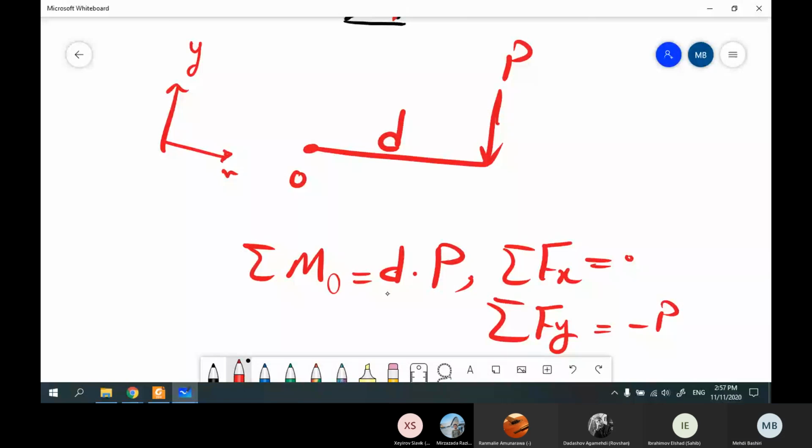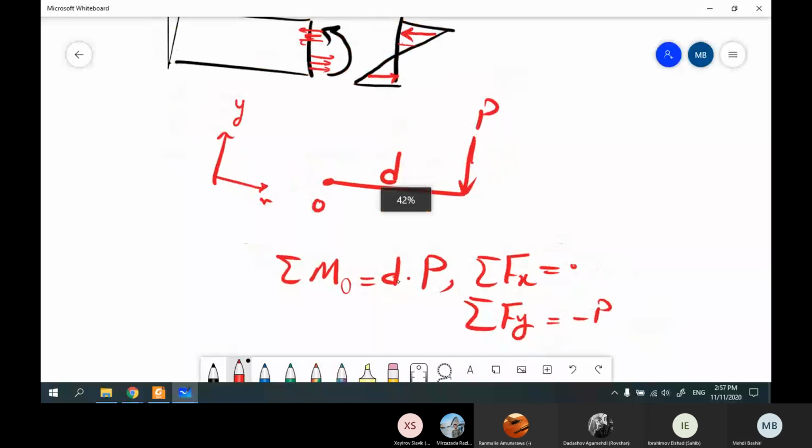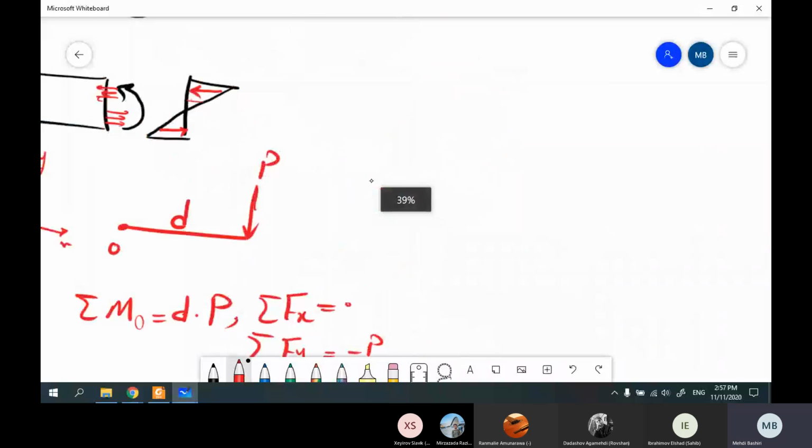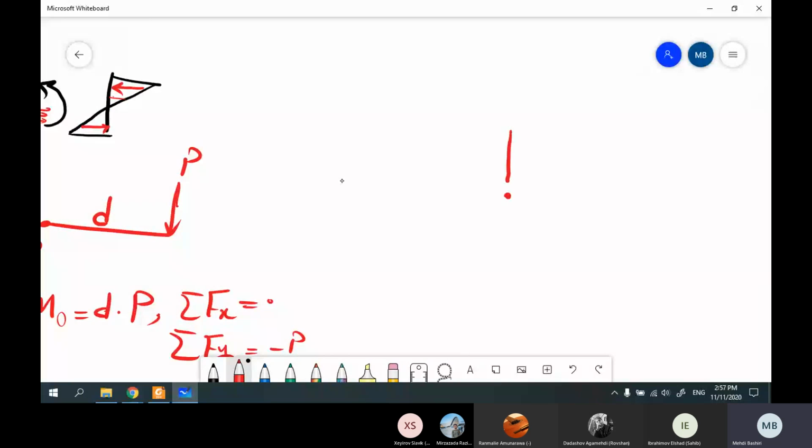What about this shape? This is point O, this is force P, and this is bending of M equal to PD. If I write the equations again, what is sigma M_O?